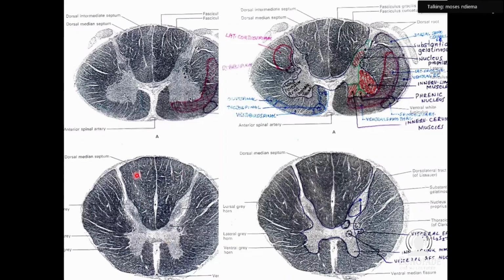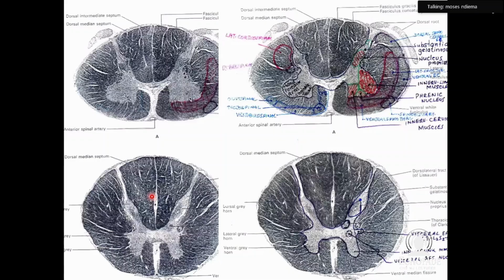If you have a central lesion, meaning this area here, only this part will be affected, and therefore you are still able to feel, because that is carrying fine touch, because it's not affecting the dorsal column. That's why you have a hemisection of the spinal cord.